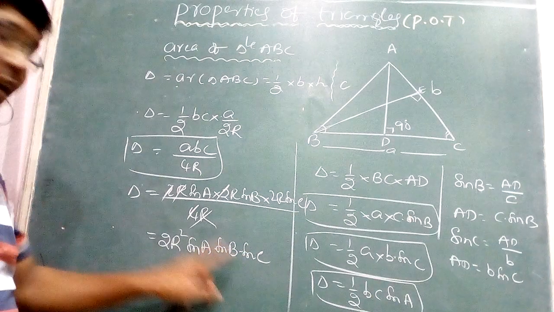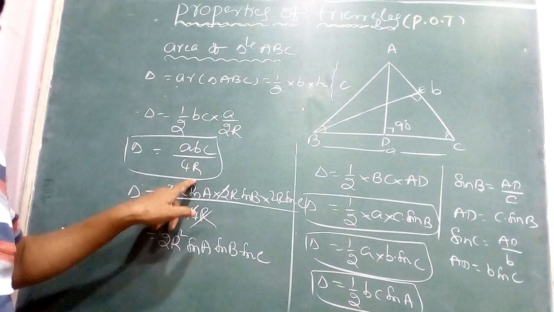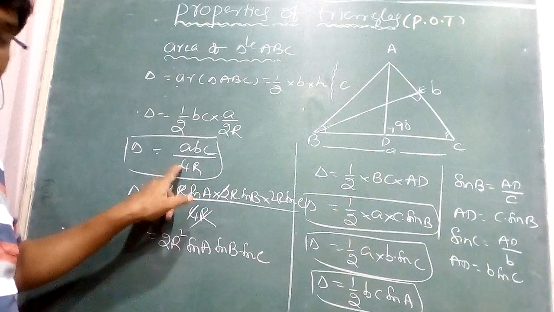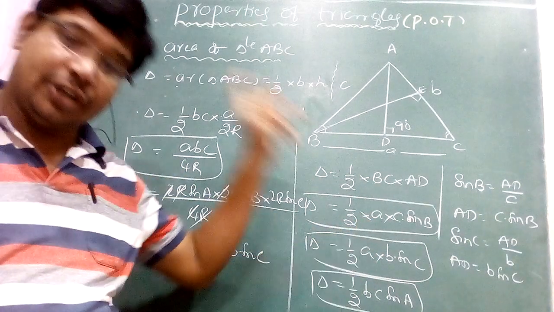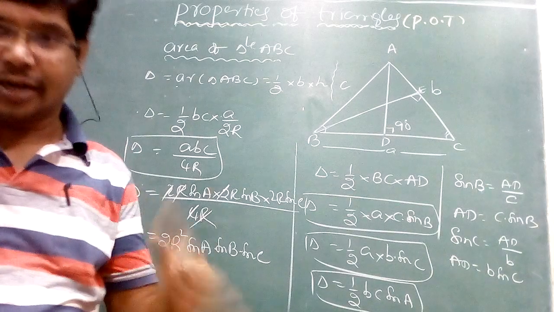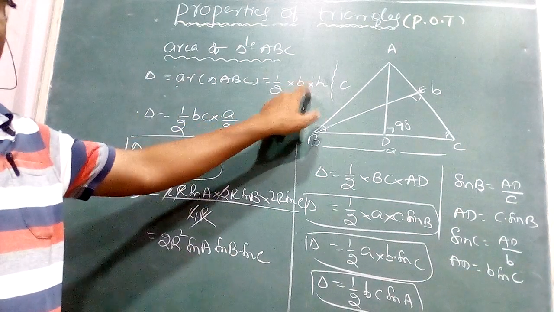If you know three angles and circumradius, apply this formula. If you know three sides and circumradius, apply this formula. If you know two sides and the included angle, apply this formula. Otherwise, apply Heron's formula also, I will explain that later. If you know base and height, apply this formula.